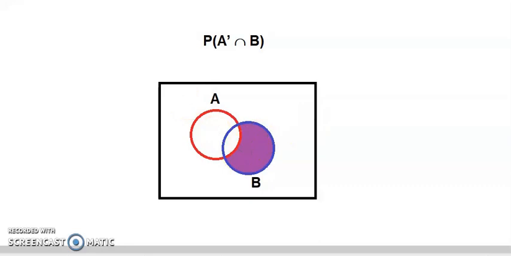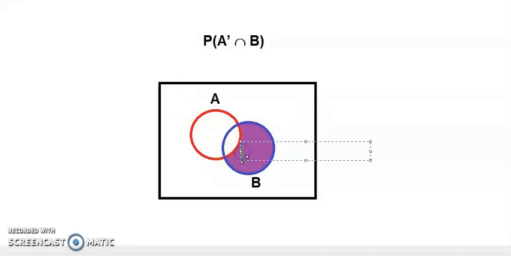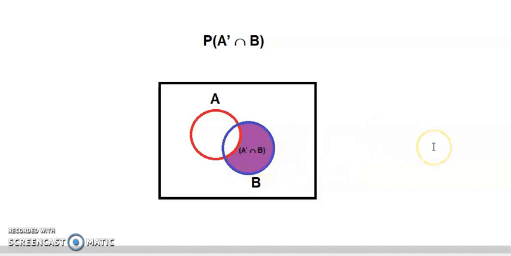We want to find the probability. This one is the area of A intersect B, so this one is not a probability yet, but area A prime intersect B. So how to find the probability of this purple area? By looking at this Venn diagram, this is B, so probability of B. How to get the purple area?